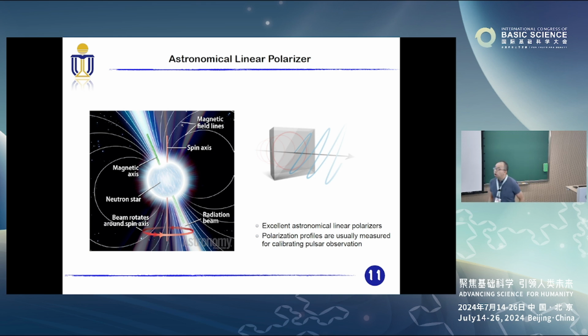We know pulsars are also excellent astronomical linear polarizers. And usually, the polarization profiles are measured for calibrating the observation of pulsars.